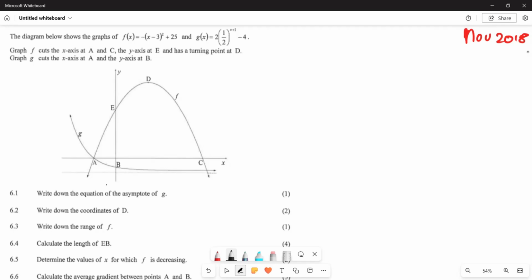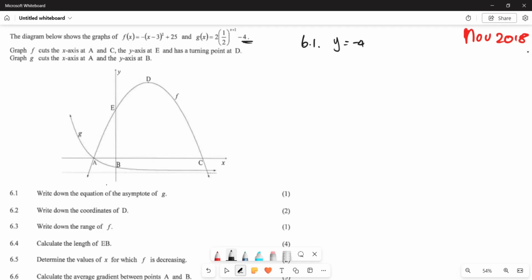Remember, in the graph of g, the equation of the asymptote is going to be this particular 4. So for 6.1, if you are looking for the equation of the asymptote, remember y is the one that represents your y, so y is going to be given by -4.